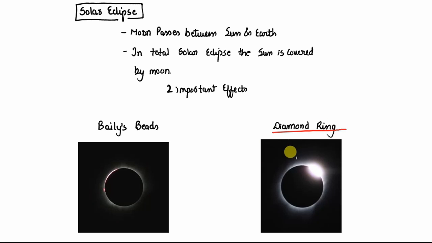The diamond ring is seen only when one bead is left. See here, only one bead is left, so this whole thing is looking like a diamond ring, and this happens at the end of a total solar eclipse. This one is the diamond ring and this one is Baily's beads. Baily's beads are visible only in some parts and not in others. This is Baily's beads, and this appears to be like a diamond ring.